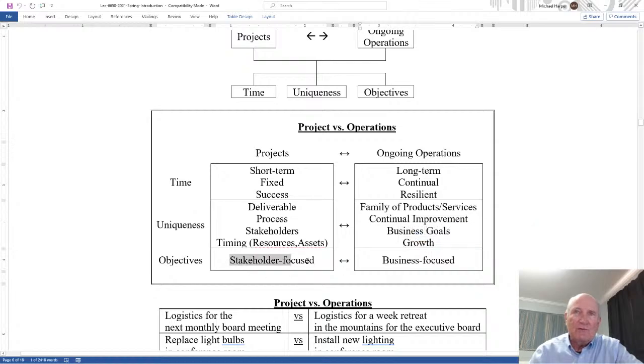Success in projects is stakeholder focused. Success in ongoing operations is business focused. So whatever your stakeholders want, that'll define success. But the business focus is going to be growth of your business.